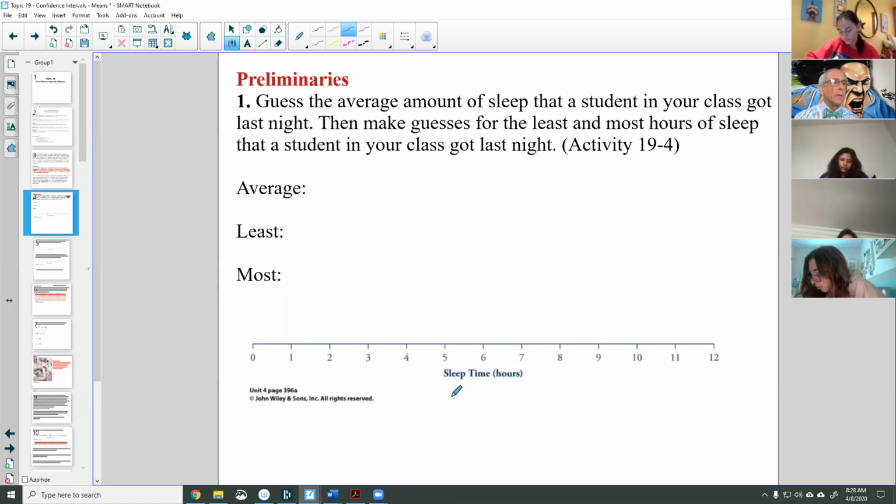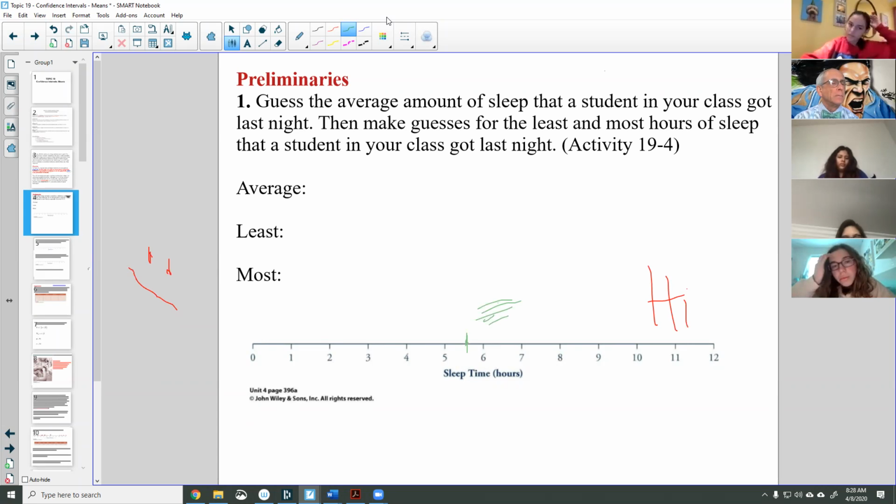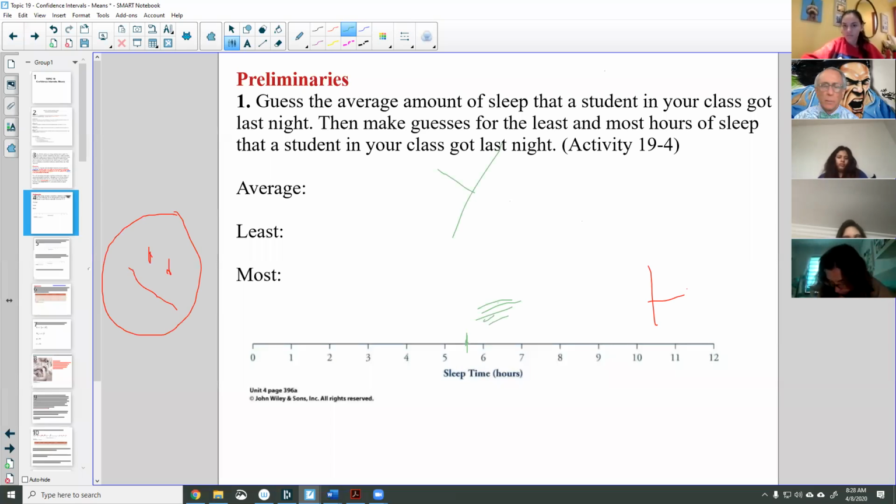So we need a little participation here. Oh, you know what? Can you guys annotate this? I shared the screen. Can you go up to the top and annotate? Can you do that? No, it's not giving you the option to annotate. Well, that kind of sucks. Why not? I'm sharing my screen. No, yeah, you could do it. You can? Oh, yeah, you're doing it.